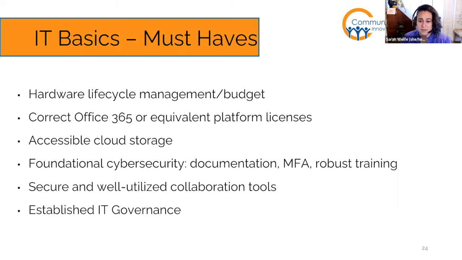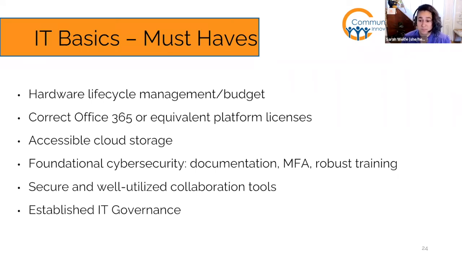And then, with most organizations in Office 365 or Google Workspace, whatever your platform is for email and file storage, you want to make sure you're using the right licenses. There are a lot of different varieties of licenses, and they give access to various different tools that platform provides.